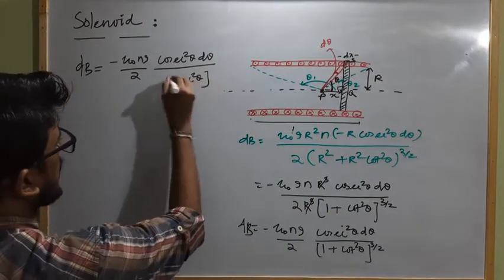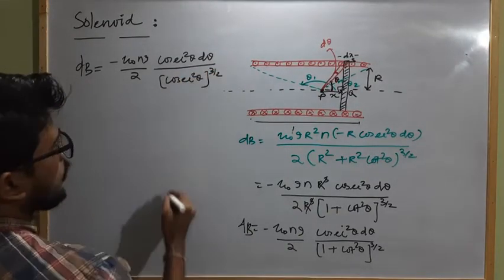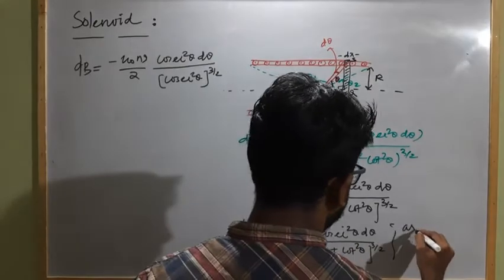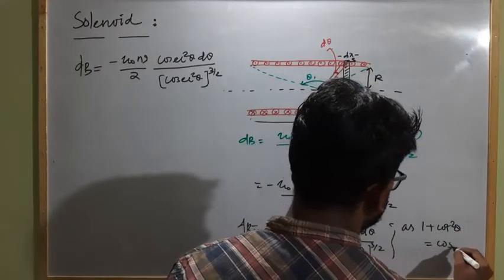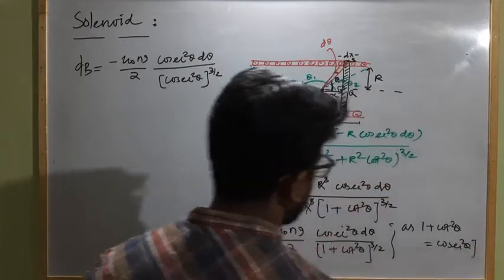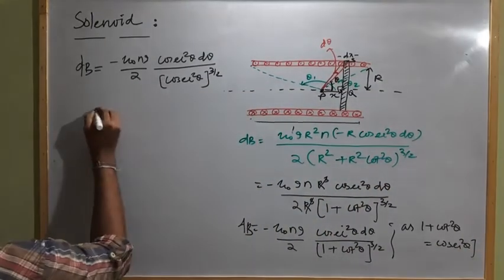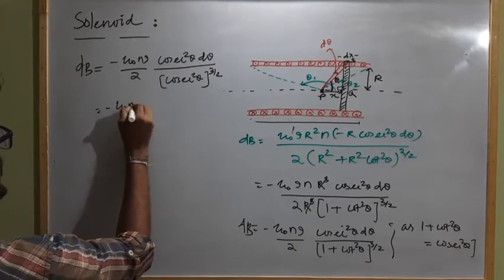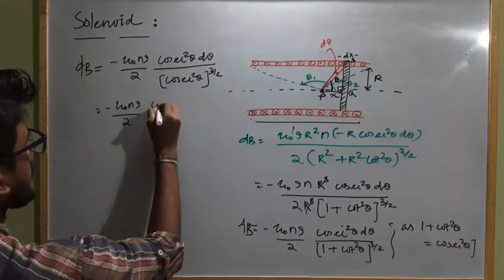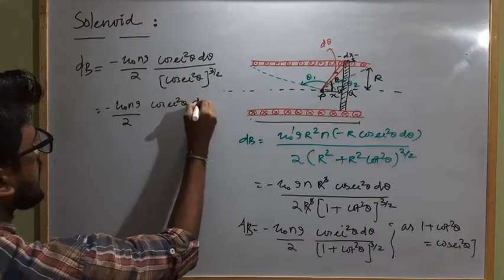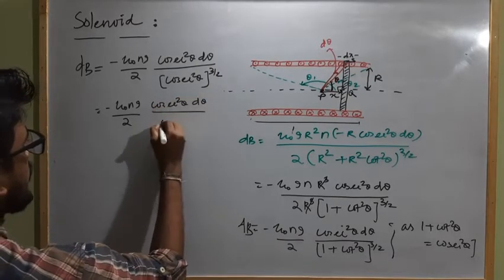Cosec square theta to the power 3/2. Inside, 1 plus cot square theta equals cosec square theta. So this can be written as minus mu naught ni by 2 into cosec square theta d theta divided by cosec cube theta.